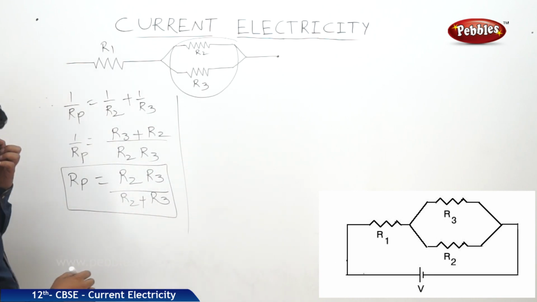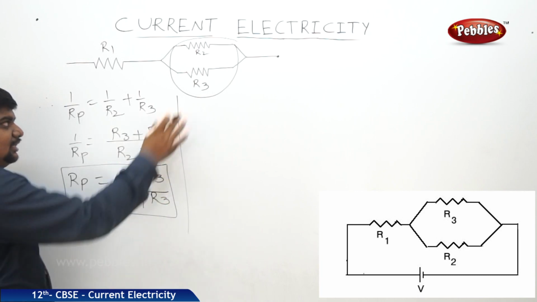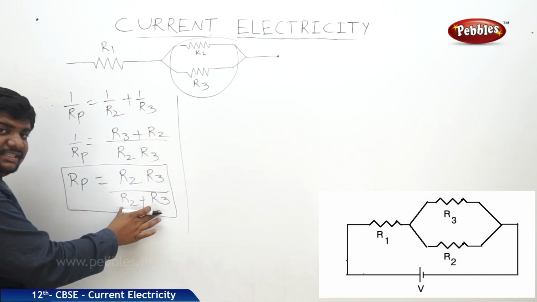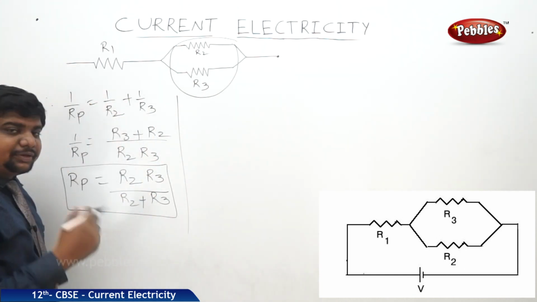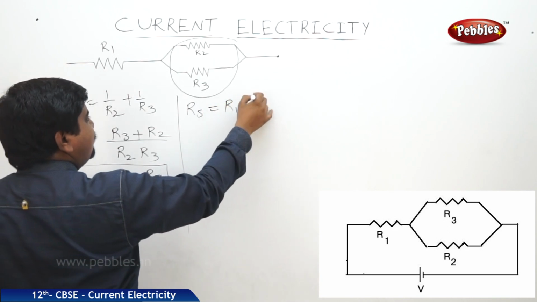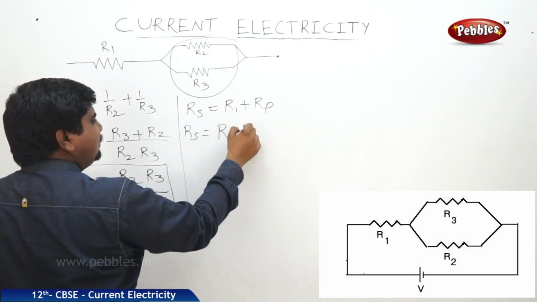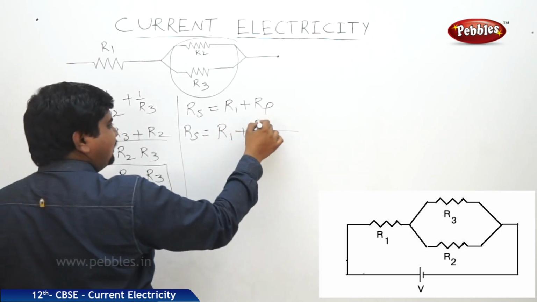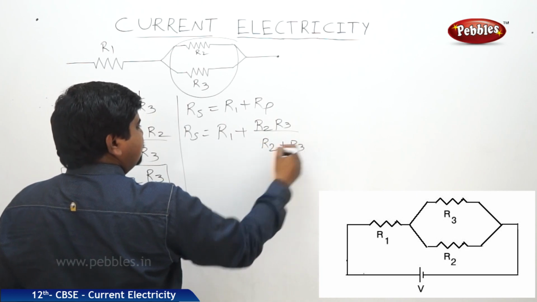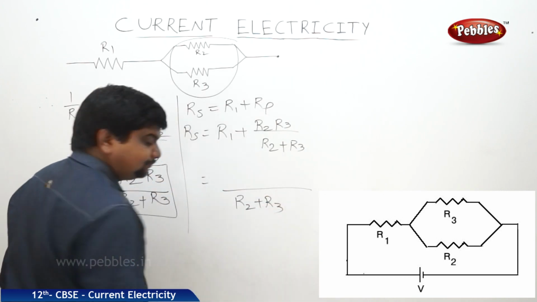Now, we will see the effective resistance of the whole combination. This part is this much, means the whole combination is simplified to this much. The combination of resistors is useful to simplify the circuit. That is the best use. So, therefore, Rs is equal to R1 plus Rp. Rs is equal to R1, and Rp is R2 R3 by R2 plus R3. Again, R2 plus R3 is the LCM.